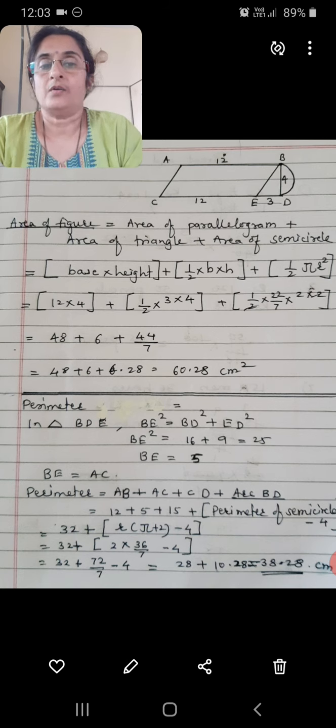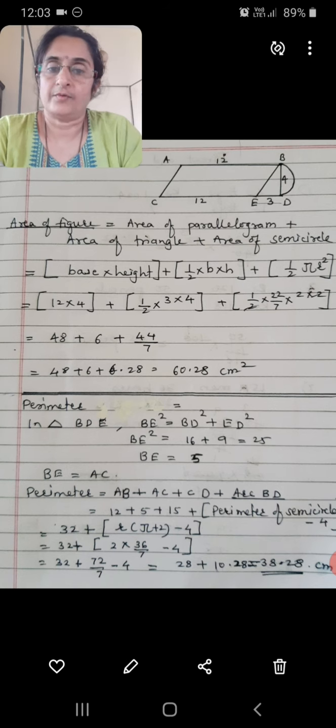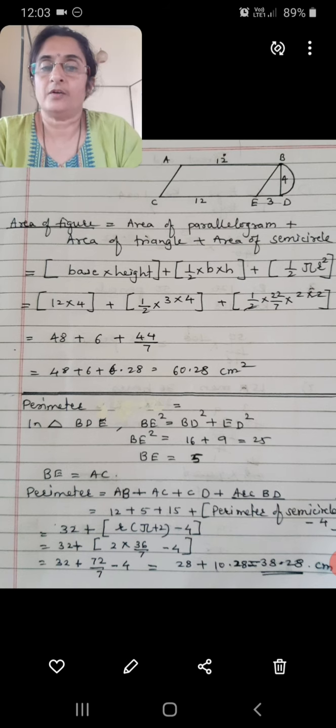To find out AC, that is the side of the parallelogram, we should know that AC and BE are equal. So we'll find out BE. How are we going to find out BE? Using the Pythagoras theorem. So we are going to consider the triangle BDE first. BE, the hypotenuse, square is equal to BD square plus ED square.